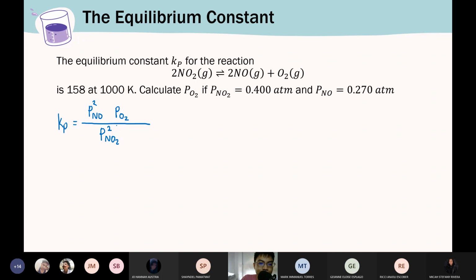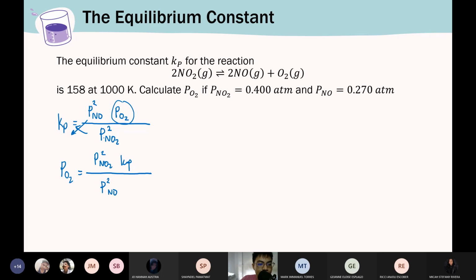Ano susunod? Ang susunod ay you solve for the pressure of oxygen. So since we are looking for this, we have to cross multiply the others. So that's the pressure of O2 equals the pressure of NO2 squared times the Kp, divided by the pressure of NO squared.